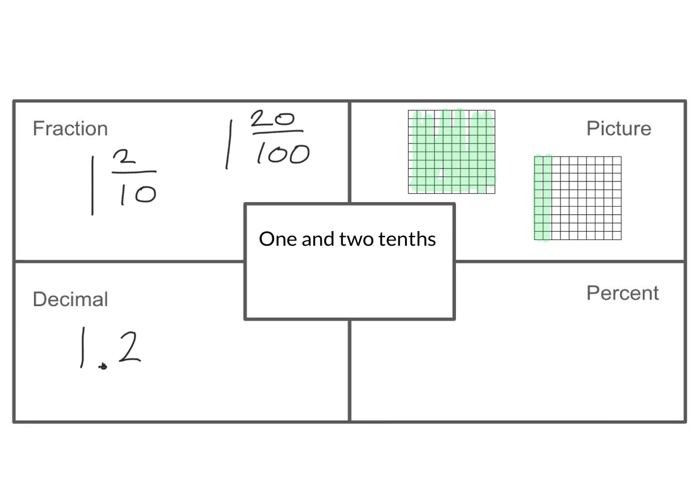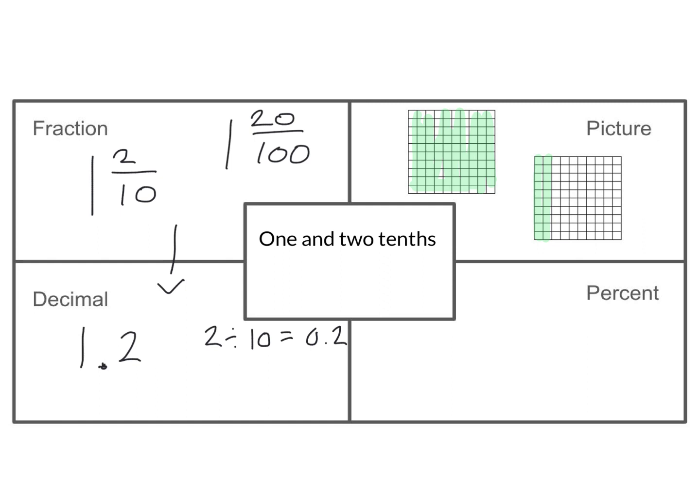If I wanted to, I could also divide the numerator by the denominator. So I could do 2 divided by 10 equals 0.2. That's what I get. And I still have the 1, so I would end up with 1 and 2/10.